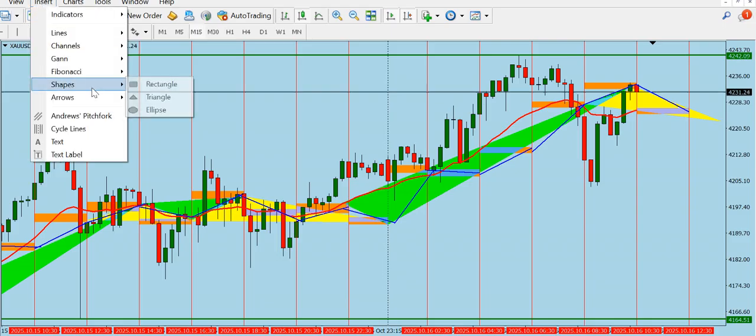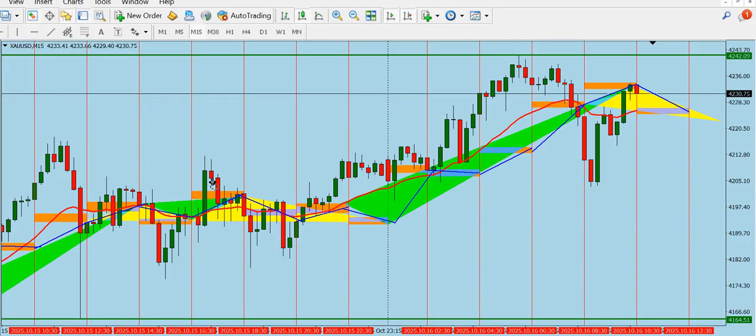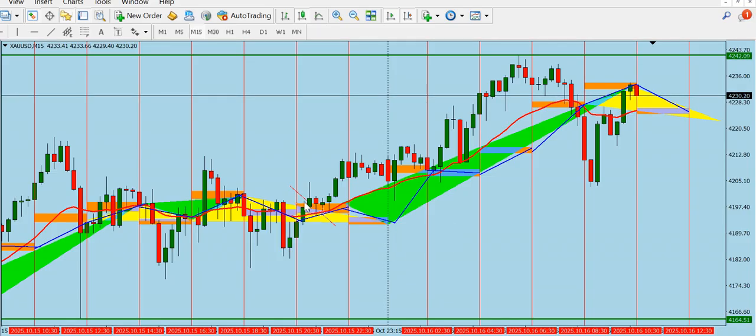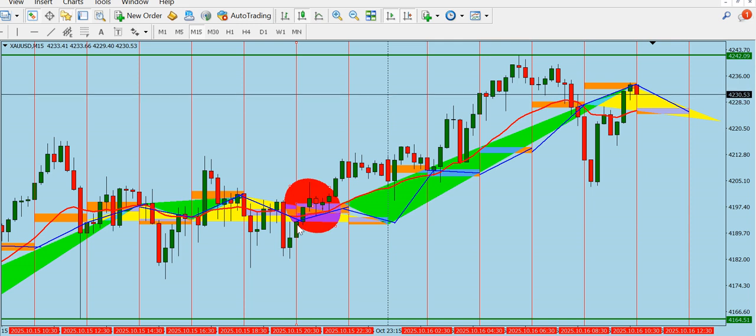the Mega Smash strategy. Now another idea is when price breaks through, like you have a breakthrough here, this particular breakthrough around here might indicate price going to go up. We have a similar one here.